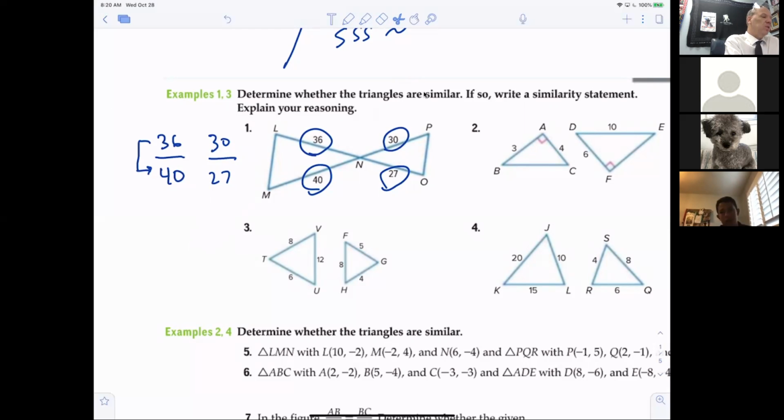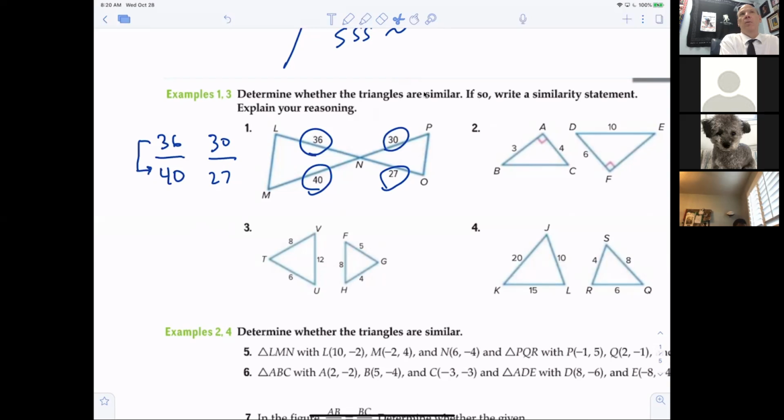If I put small over large, that number is going to be more than 1 or less than 1? Less. 36 over 40 is less than 1. So if I put a larger number over a smaller number, it's going to be greater than 1. So is that possible that they form a proportion?